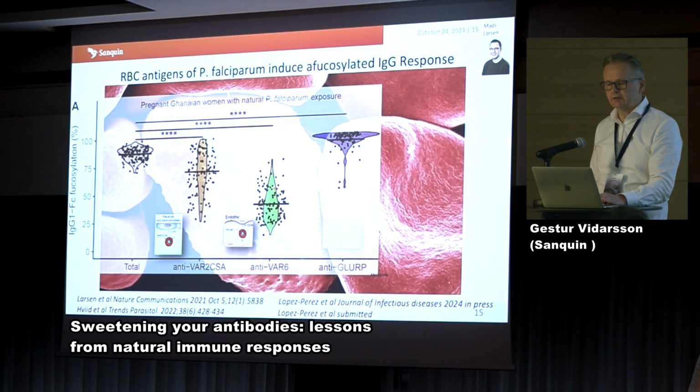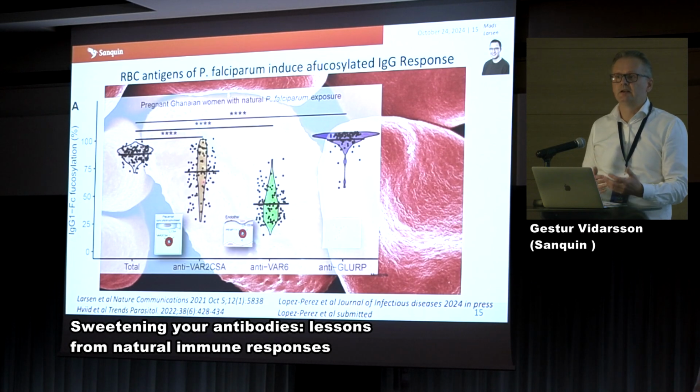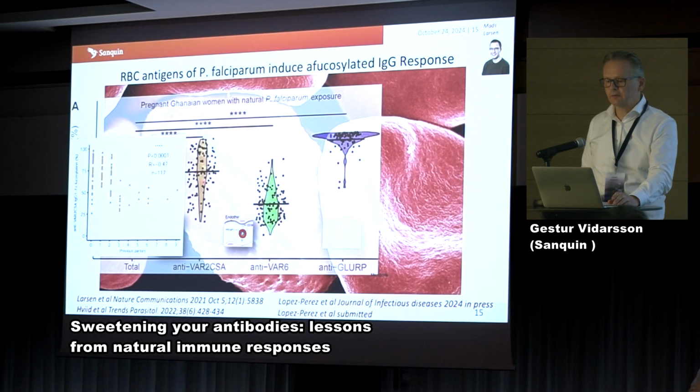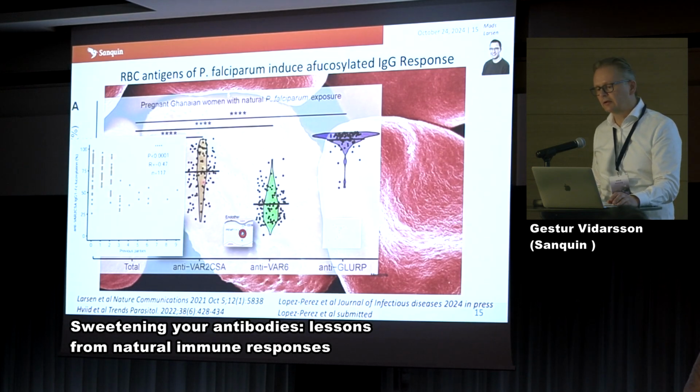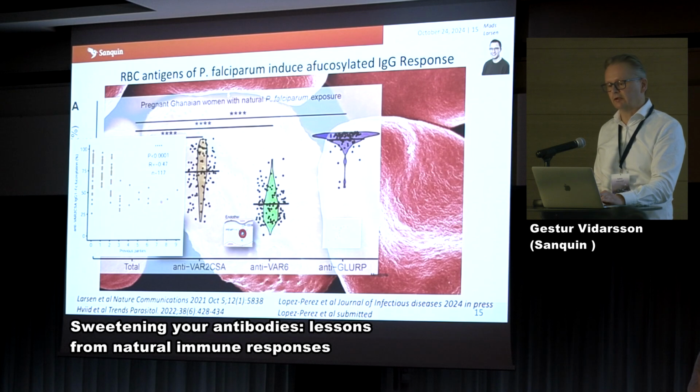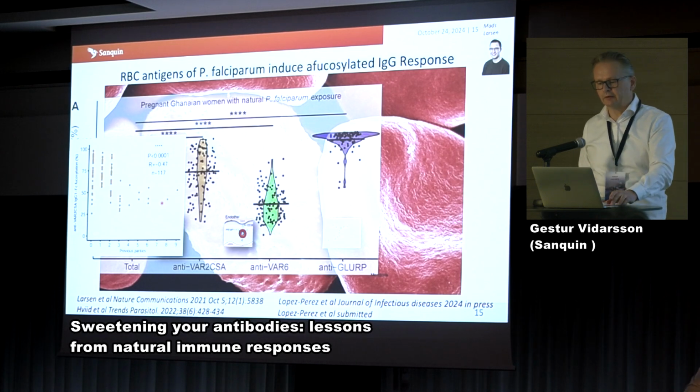These are antigens we see from birth on in endemic regions, and these are antigens found on the placenta, because that's a new vascular niche that is also amenable to propagation of malaria pathogens. So when you become pregnant, there is an increased risk for new episodes of malaria. Looking at those responses, you see that the number of pregnancies associates with an increased level of afucosylation, or decreased fucosylation, as a surrogate correlate of the number of malaria infections you have.